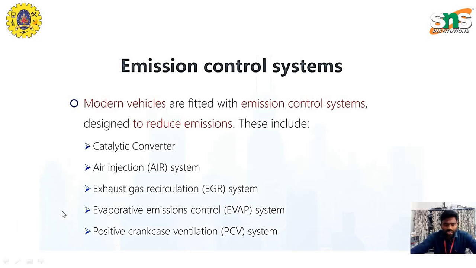Then the air injection system, and the EGR, exhaust gas recirculation, which follows a loop to minimize the emissions. Then the evaporative emission control system, and the positive crankcase ventilation system. So these are the different techniques that are implemented in order to control the emissions exhausted from the automobile system. So thank you.